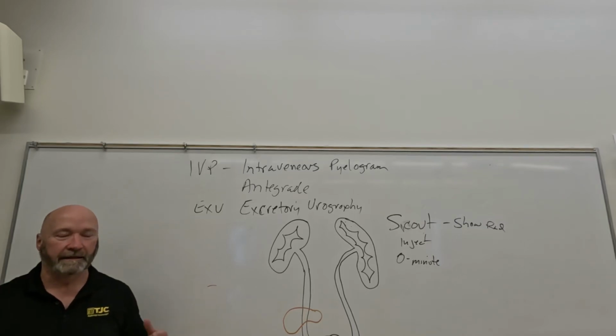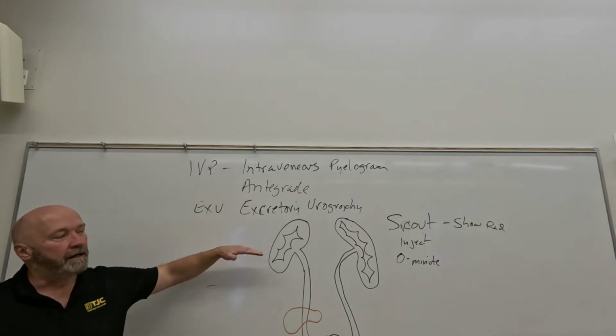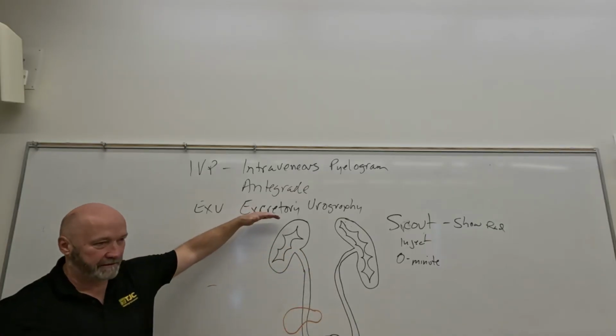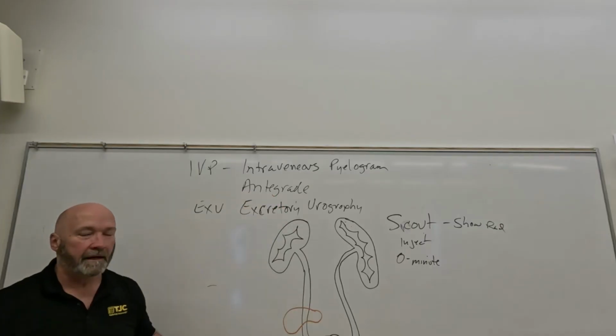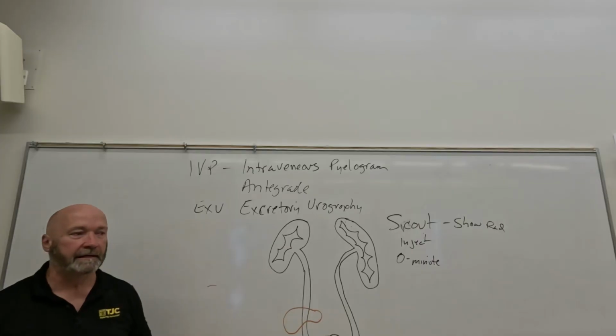It's a lot easier with digital than what it used to be with screens and films, but in a lot of cases you don't see the top of the kidneys on a KUB. You don't see that much of them. So on the 0 minute, we would intentionally center high to make sure we get the top of the kidneys. And then we'll get that blush just in the kidneys themselves.